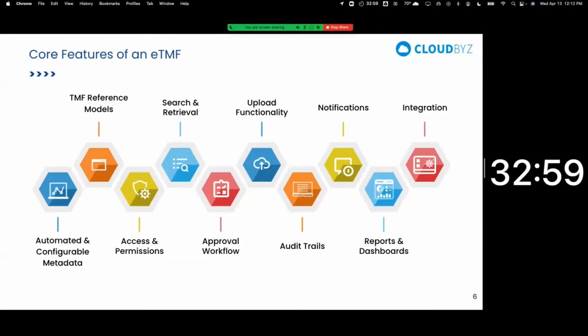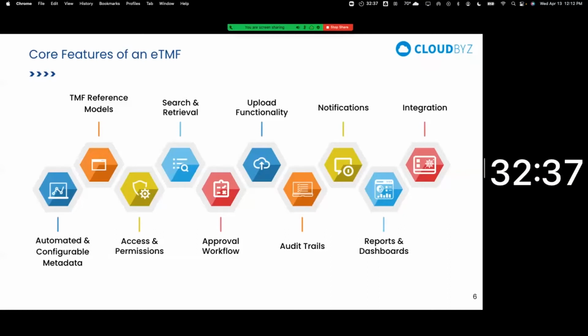The next one we're looking at is access and permissions. So we need to ensure that the platform allows us the ability to control access to eTMF based on user roles. So the monitor, for example, should have a different access and a view to the system as opposed to an auditor or a project manager, for example.